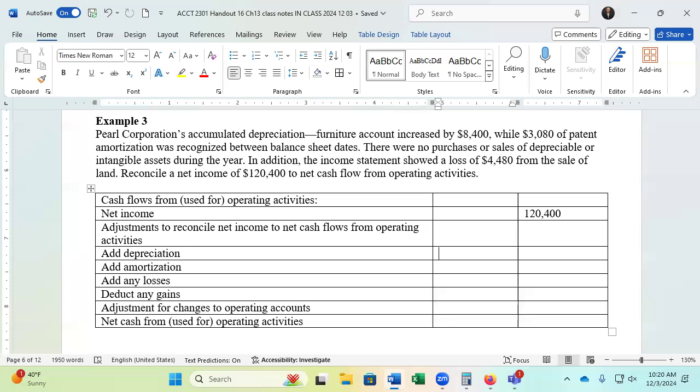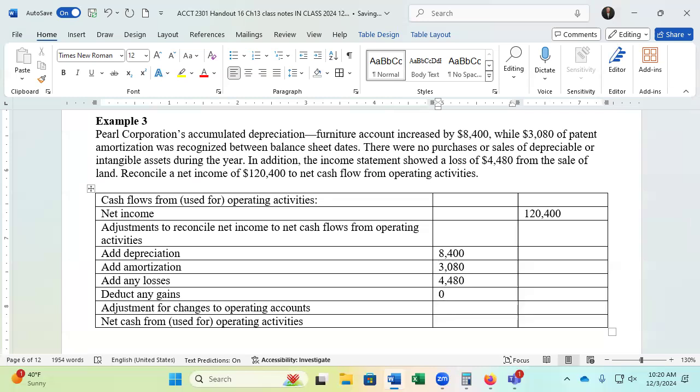So that helps us because it tells us the change is only related to what we recorded for the expense. So the depreciation expense is 8,400. And the amortization expense, 3,080, is included. And then we had a $4,480 loss from the sale of land that we have to add back.